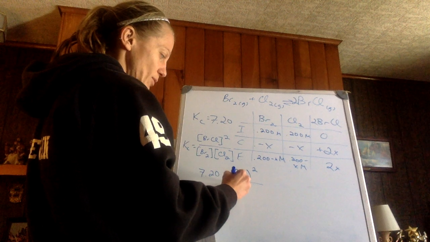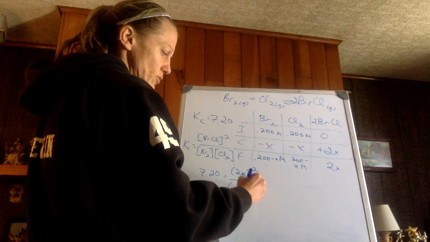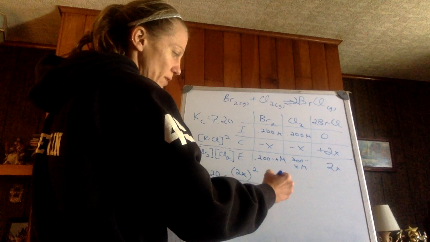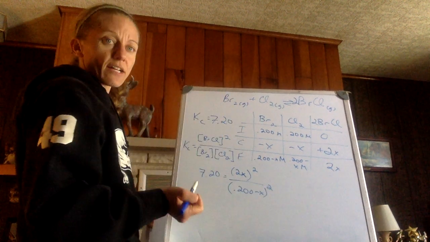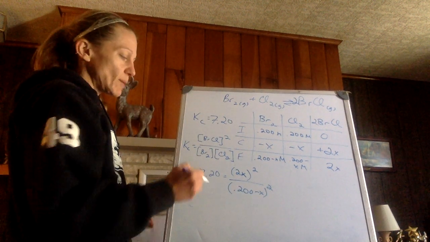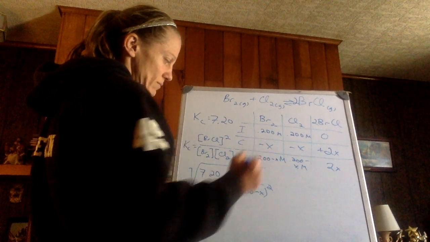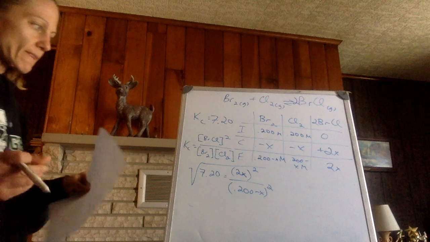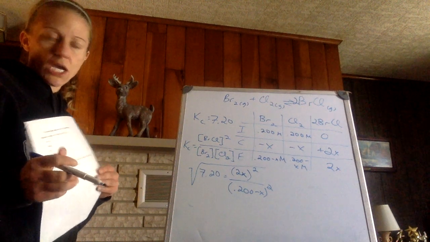Here, I'm going to end up having 0.200 minus x twice. So I may as well say that that times that is that squared also, which sets us up just like your practice problem for that, for the giant square root thing.